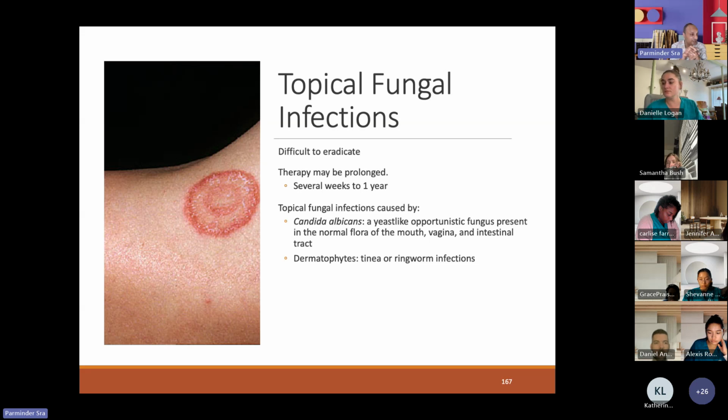Then for more severe issues, there are other prescription drugs such as terbinafine, for dermatophyte infections like athlete's foot. Then there's ciclopirox, which is used for fungal nail infection.